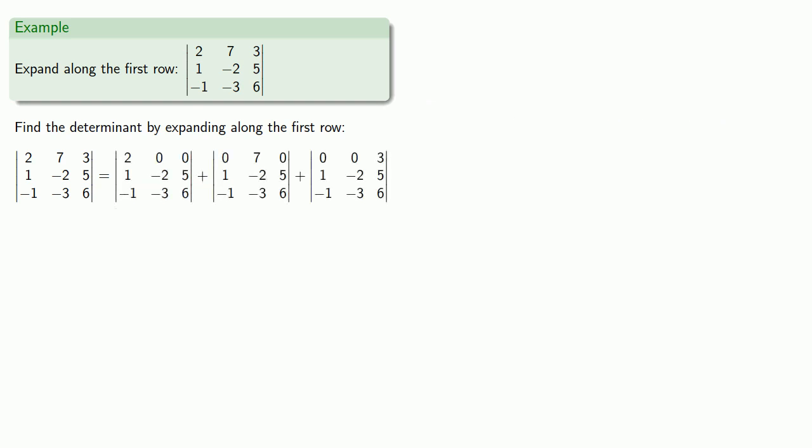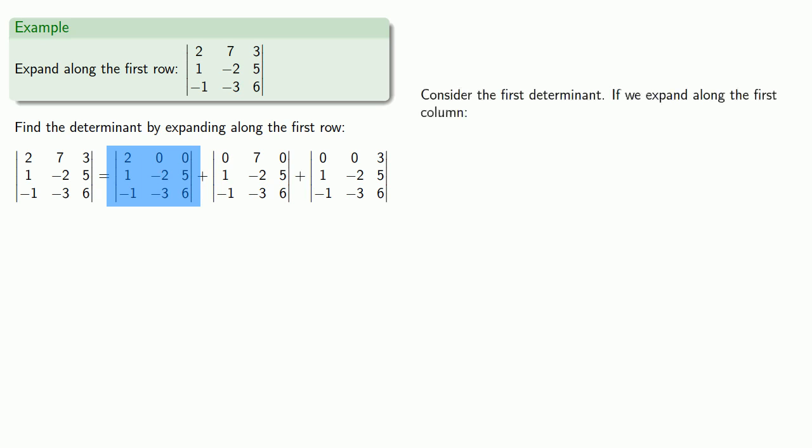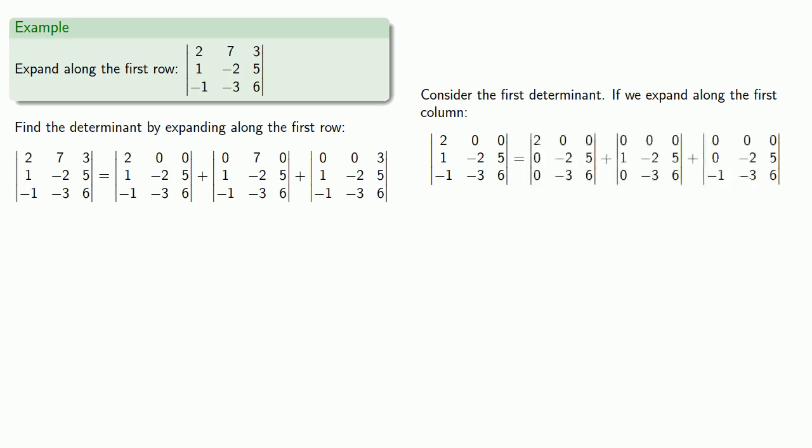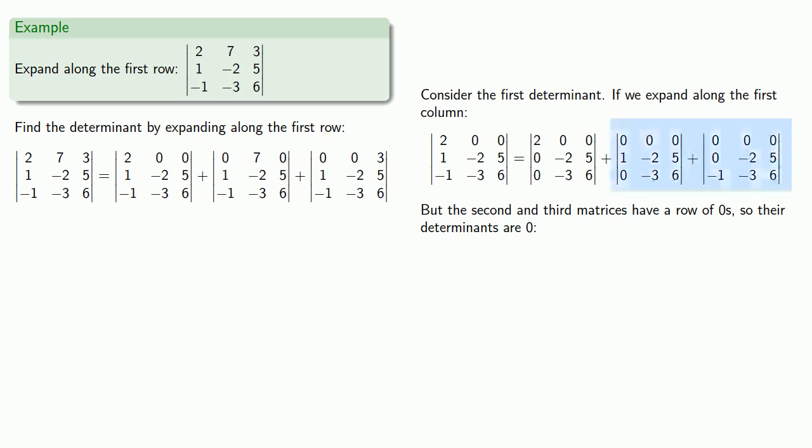Now let's take a look at that first determinant. If we expand along our first column, this will be... But notice, the second and third matrices have a row of zeros, so the determinants are 0, and so the only thing left is this first matrix.